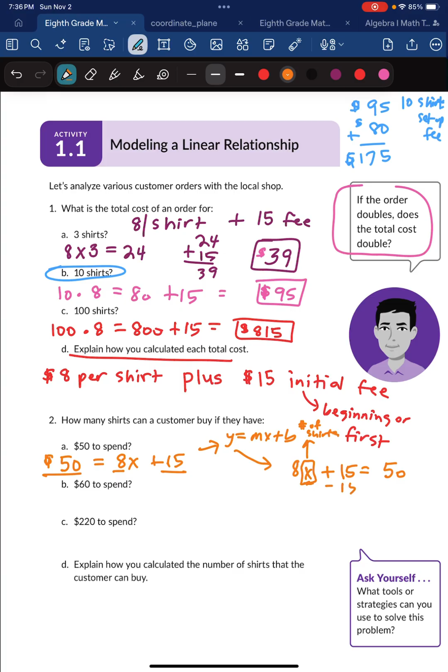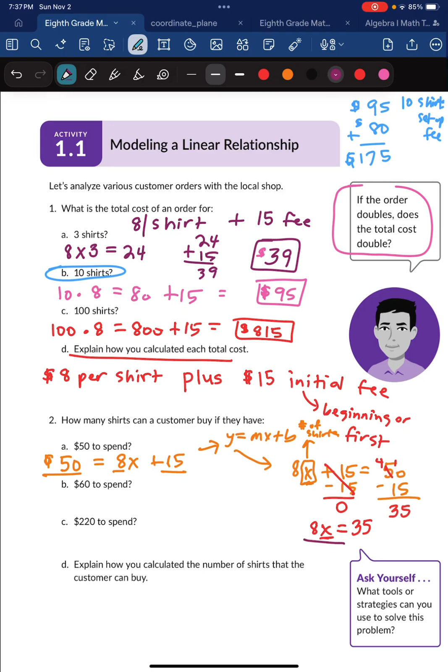So I'm going to subtract 15 from both sides. A positive 15 and a negative 15 make 0. So that cancels out. So then I do my subtraction here. And I have 8x is equal to 35. This is my number of shirts.